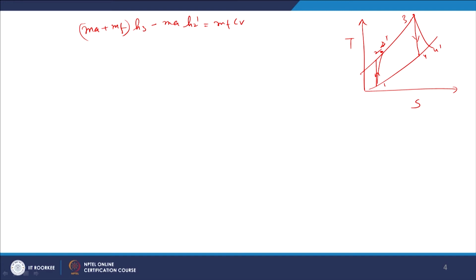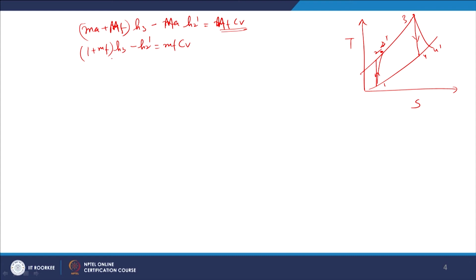So the enthalpy at 3, mass of the air plus mass of the fuel, is equal to the heat liberated by the fuel. If we divide by the mass of the air, because we are assuming 1 kg of air, we get (1 plus mf) H3 minus H2 dash is equal to mf times CV.